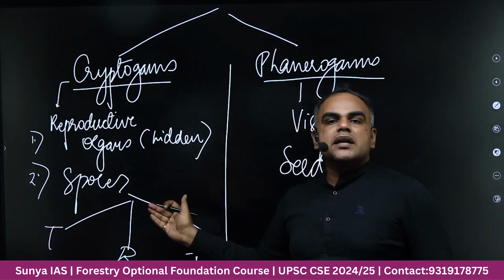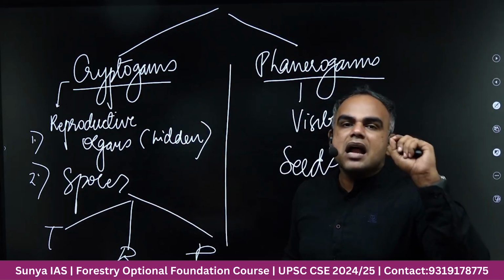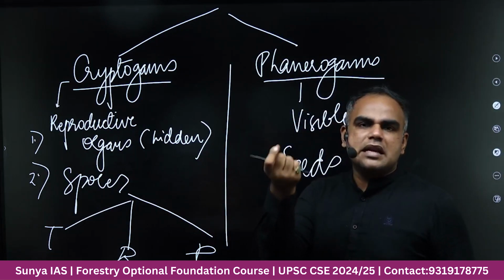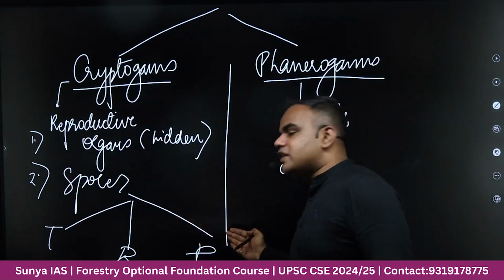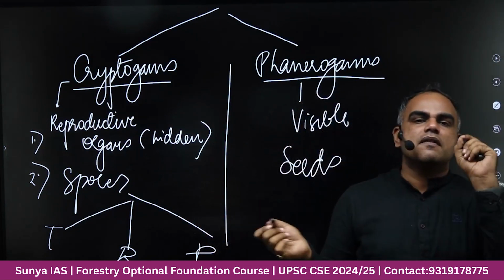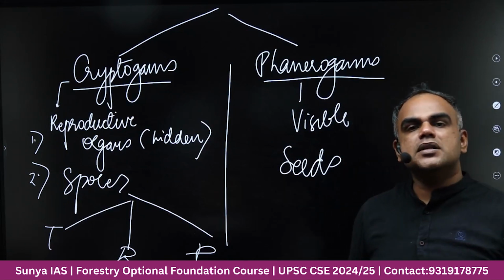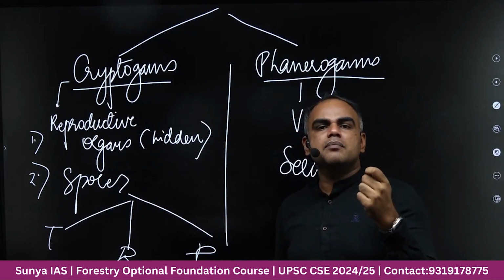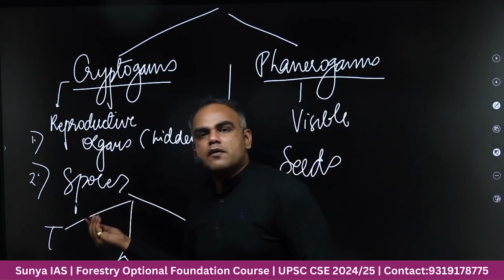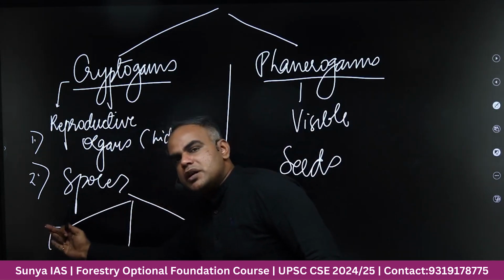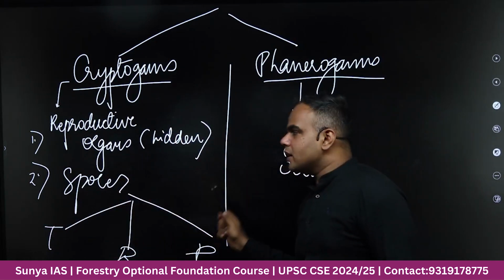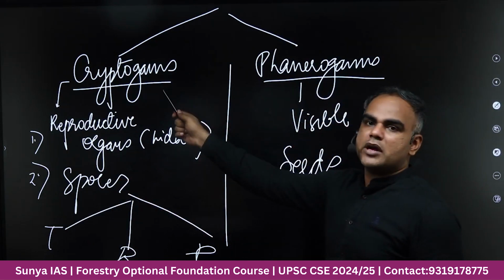When I'm talking of thallophytes, everything is undifferentiated. As I move to bryophytes, you may see leaves and stems starting. And when I talk of pteridophytes, it is proper. The example for pteridophytes is ferns, which will have proper roots, proper leaves, etc. So the degree of differentiation goes from undifferentiated to slightly differentiated to more differentiated: thallophytes, bryophytes, pteridophytes, all of which are cryptogams.